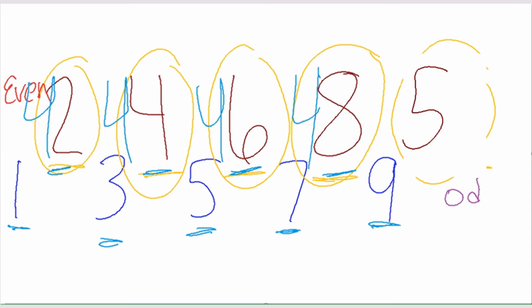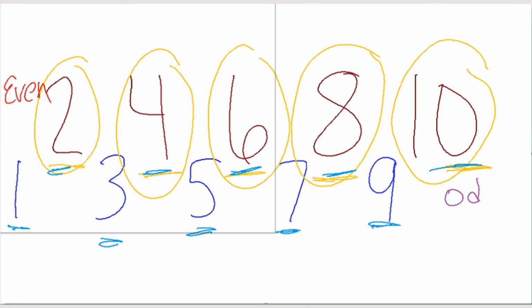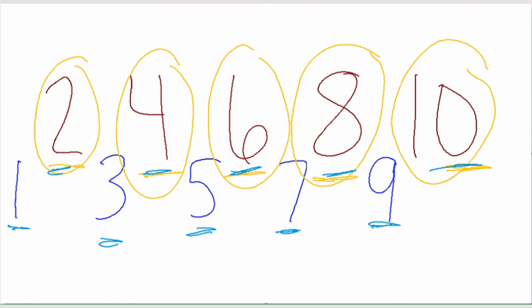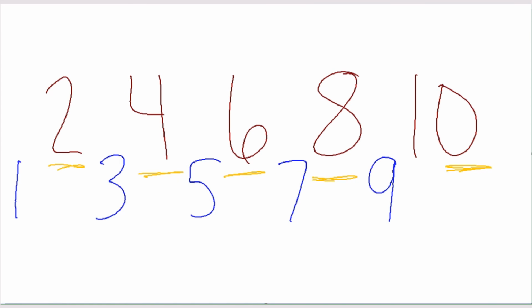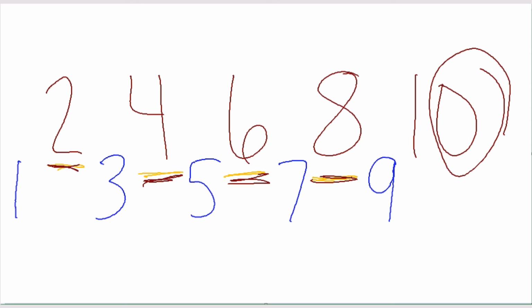And that is how we count by 2s. It's very easy. We just need to remember either to skip the odd number, or we just need to remember that when we're counting by 2s, using even numbers, that our even numbers are 2, 4, 6, 8, and 0. It's going to end in any of those numbers.